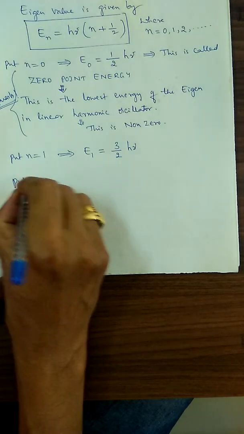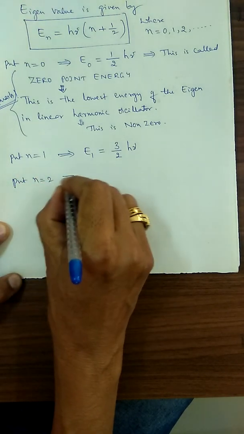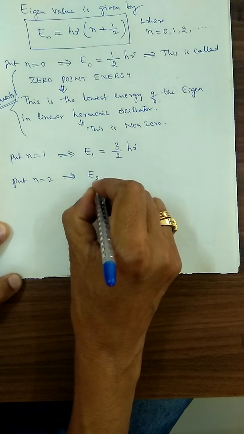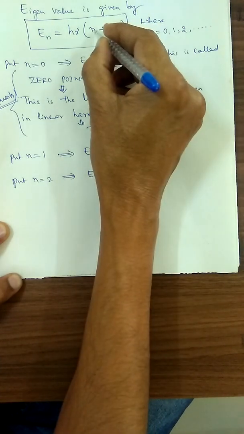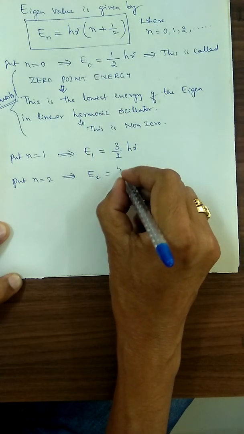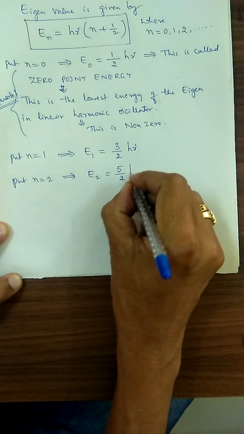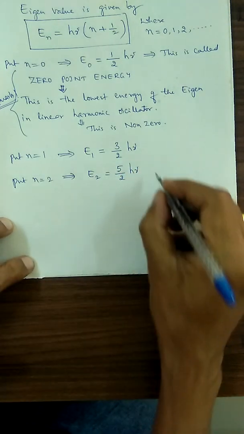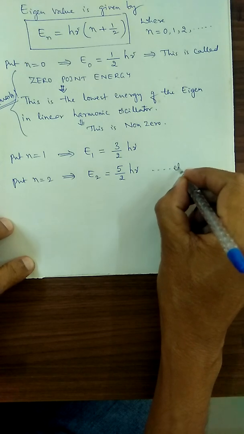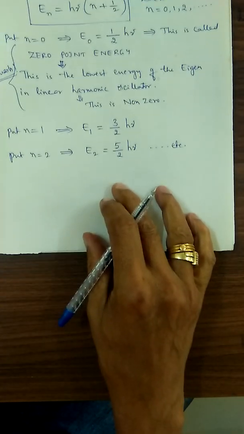Put n is equal to 2. E2 is equal to 5 by 2 h nu, etc. you are going to get.